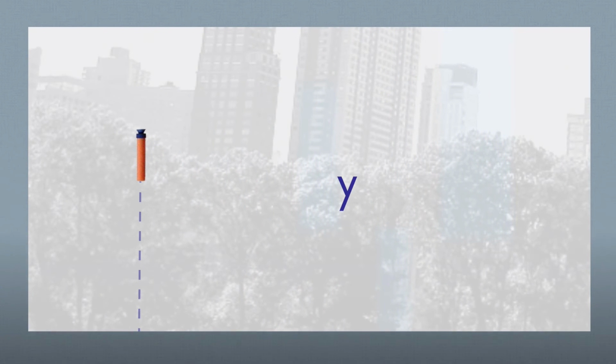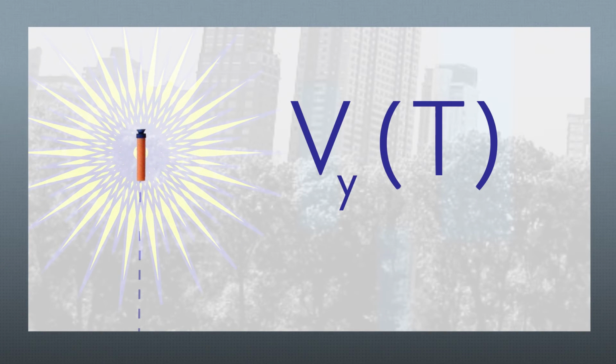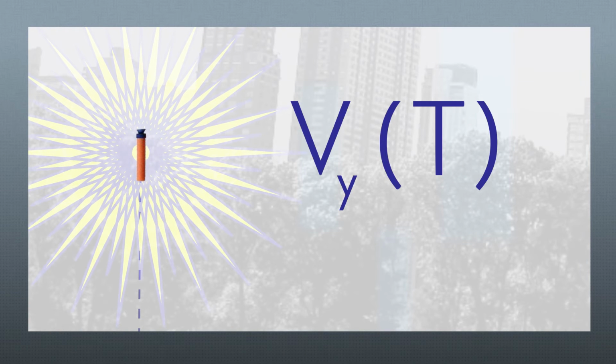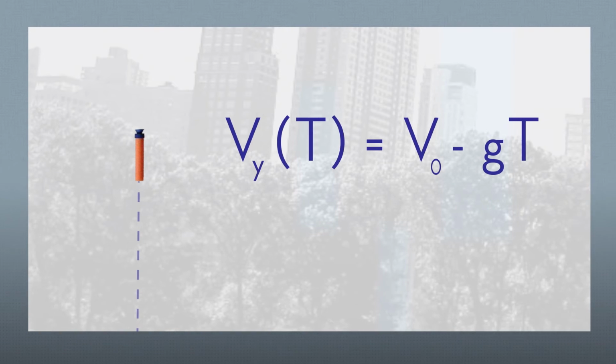So what that means is the y velocity at the peak height, so let's call big T the time when it hits the peak height, which is the initial velocity minus the acceleration, which is g, times the time it goes by.